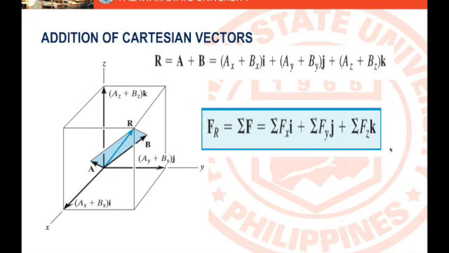Alright, so we just added a third axis z and the third unit vector k. So just imagine this from our 2 dimensions Cartesian vector lectures, and you just have to add another dimension, the third one. It's the same concept, but now you have 3 summations of forces.